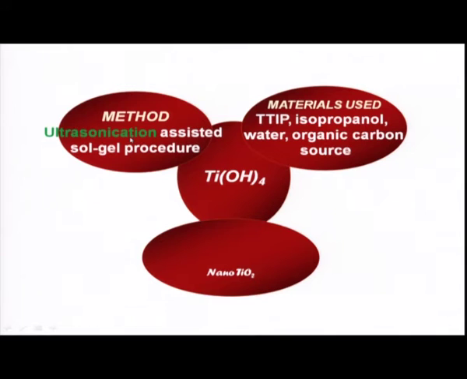Ultrasonication assisted synthesis we can also use, coupled with the sol gel process. The titanium precursor material is taken in an isopropanol medium along with water to induce hydrolysis, and this contains an organic carbon source also, which can be incorporated into this material as a dopant. So, on hydrolysis under appropriate conditions, titanium hydroxide is formed from the precursor material initially.